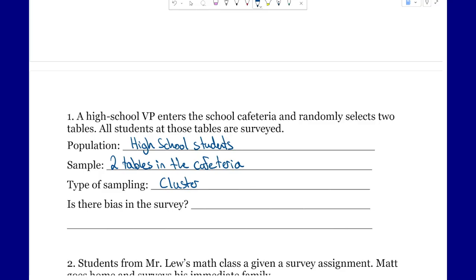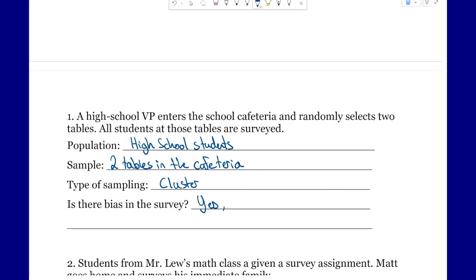Is there any bias that can occur in this survey with this type of sampling? The answer is yes, there could be, if you think about it. Because generally speaking, when you sit with someone at lunch, you're usually sitting with your friends, and generally that tends to be people in the same grade, right?